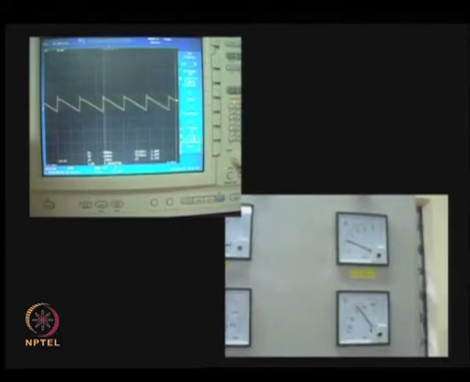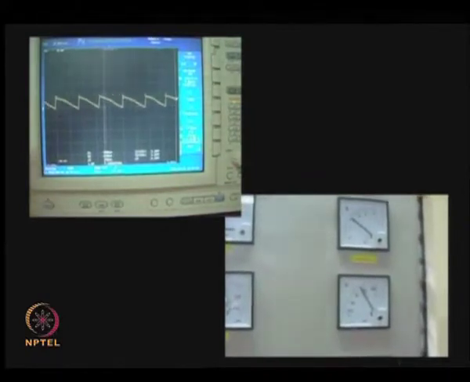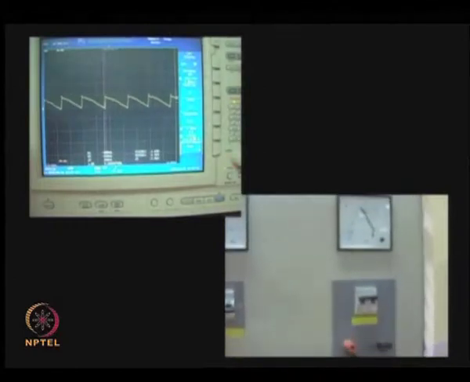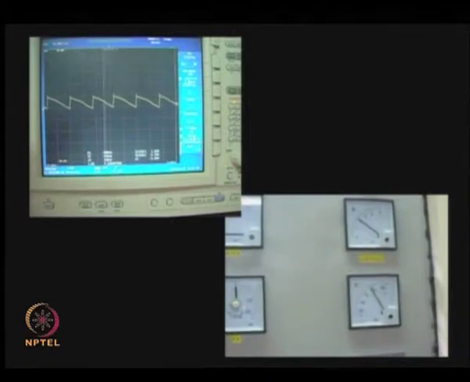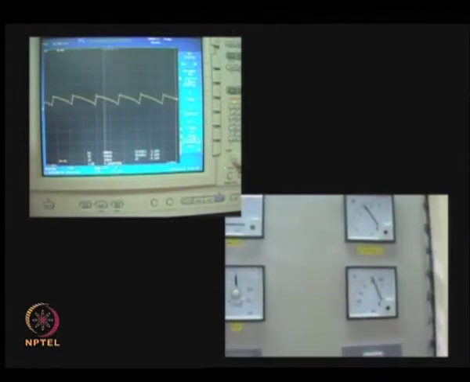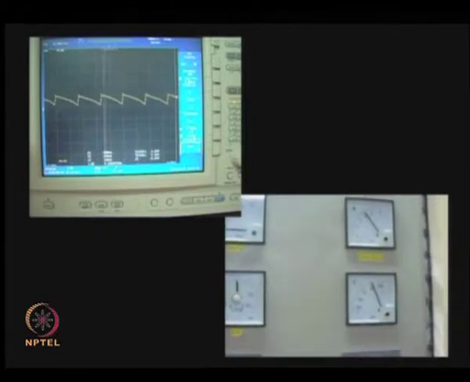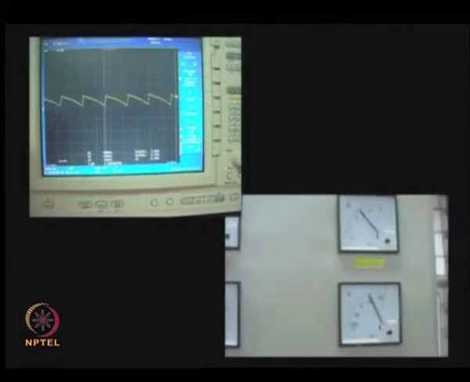Now, we are increasing the DC voltage by decreasing the delay angle, and you see of course that the ripple comes down and the average value seems to be going up. You can see the ammeter, voltmeter as well as the CRO on your left. We have increased the voltage and made the firing angle near about 30 or 40 degrees.